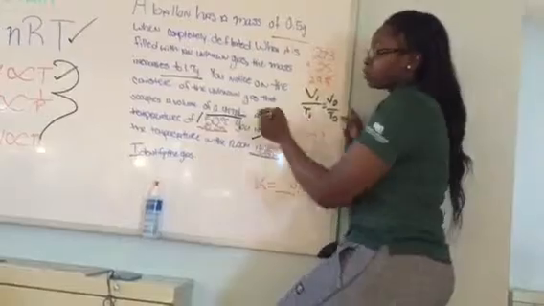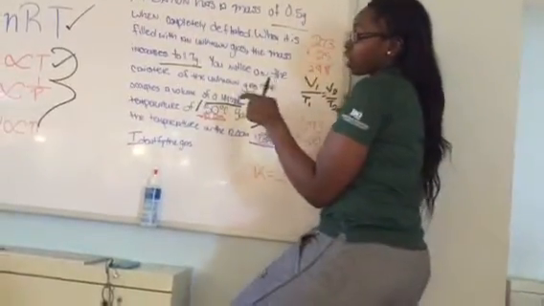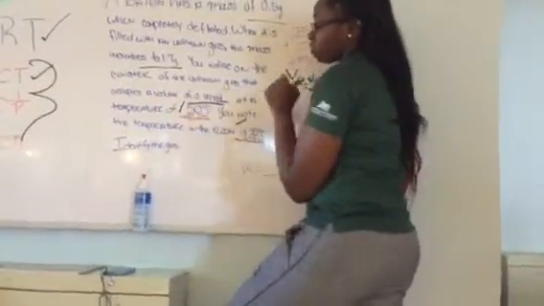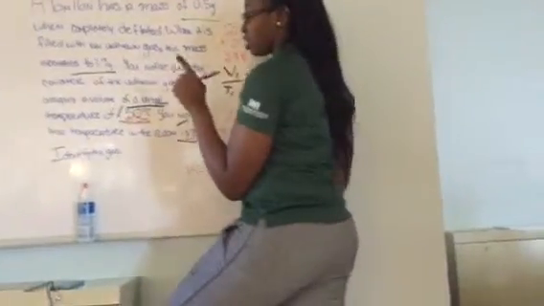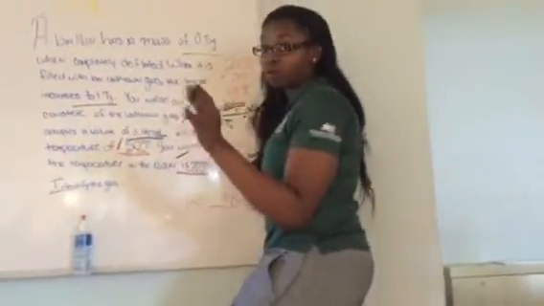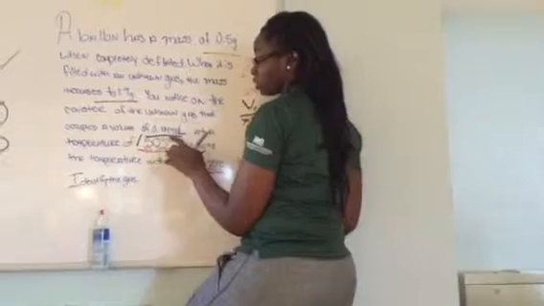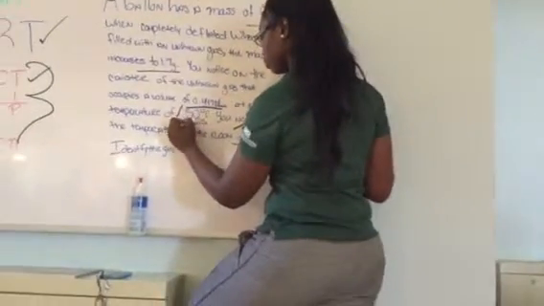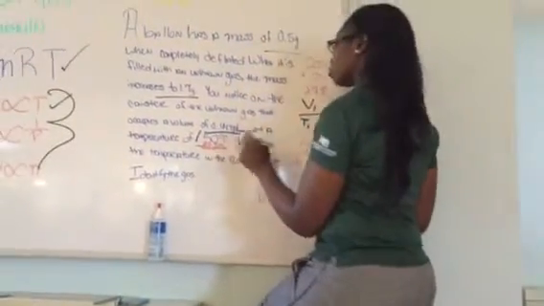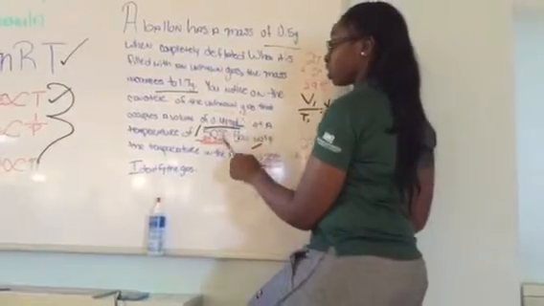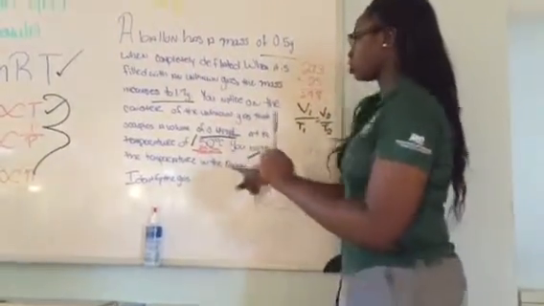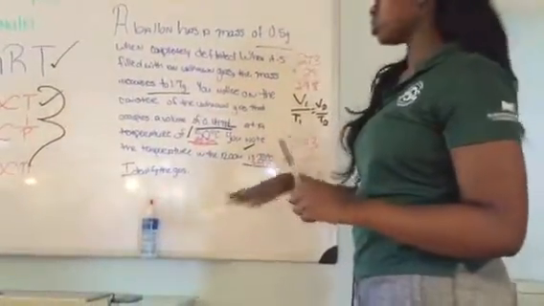Of the unknown gas, which is what we want to know, that occupies a volume of 0.4478 liters at a temperature of, now that we have it in Kelvin, 323 Kelvin. You know the temperature in the room is 25 degrees Celsius.